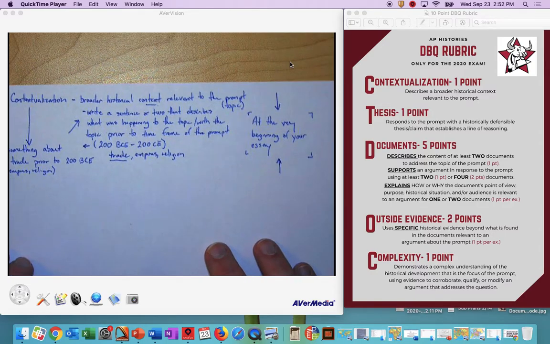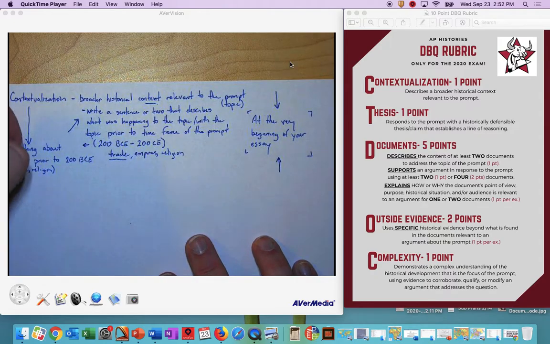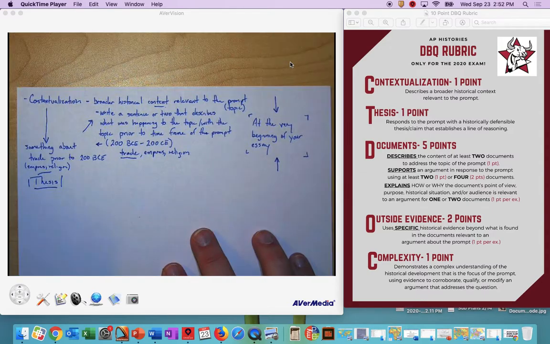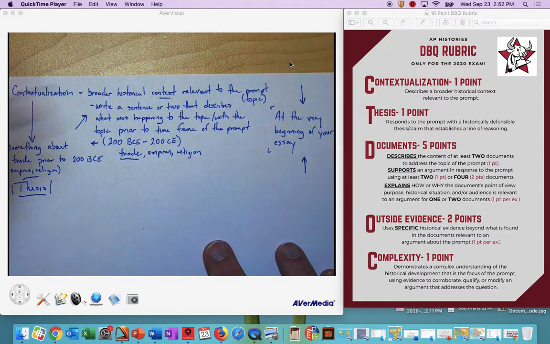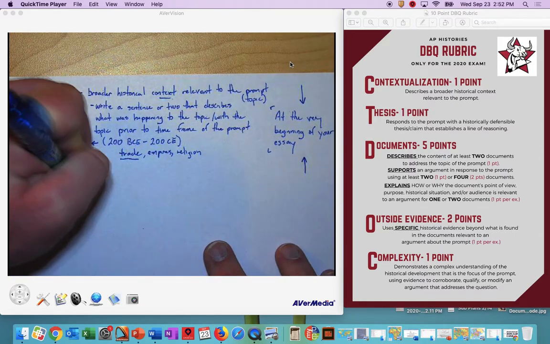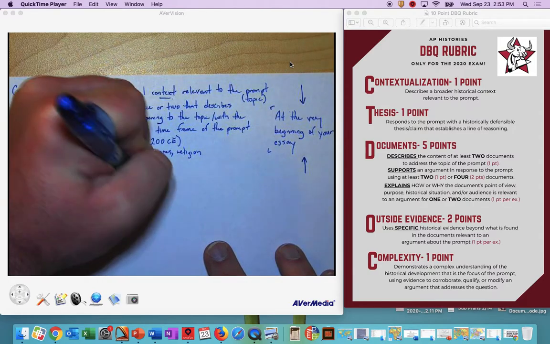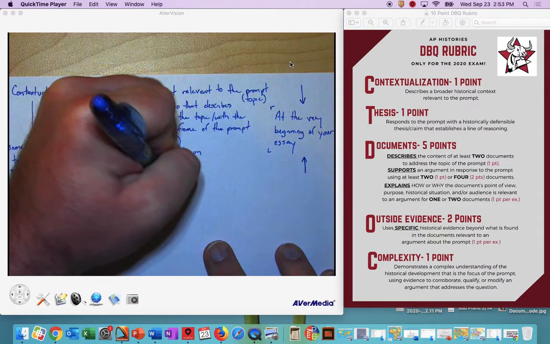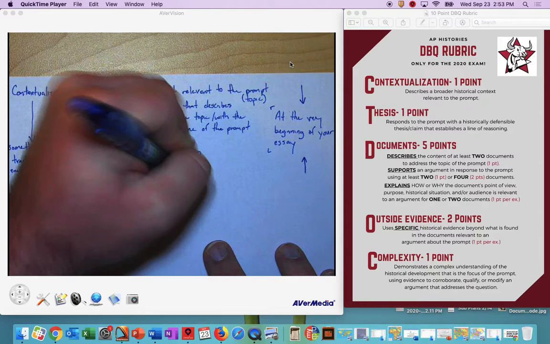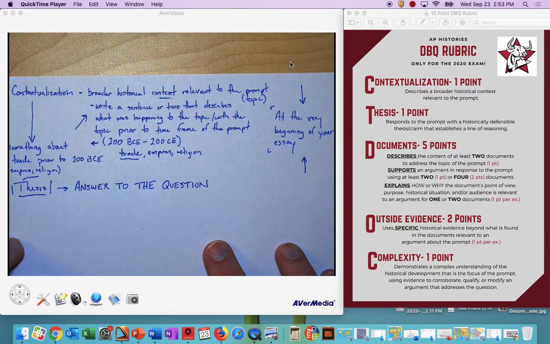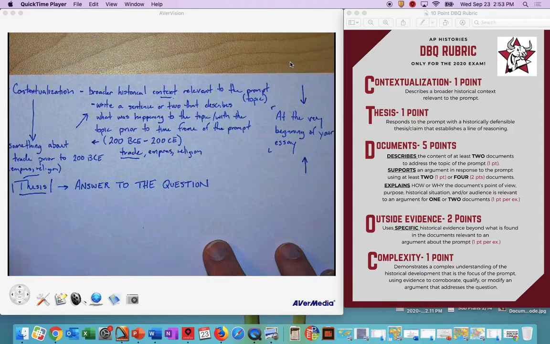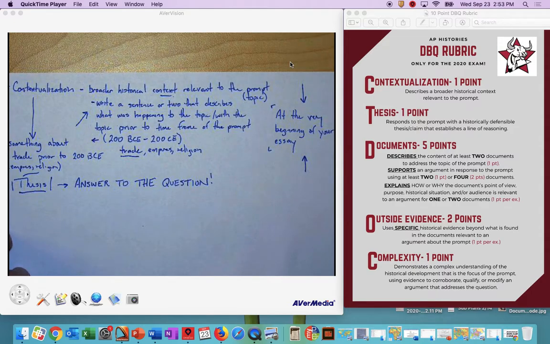Okay, the next thing on the rubric is your thesis statement. The thesis is the most important part of your essay because the thesis is the answer to the question. This is the answer to the question. This is the most important part of the essay.